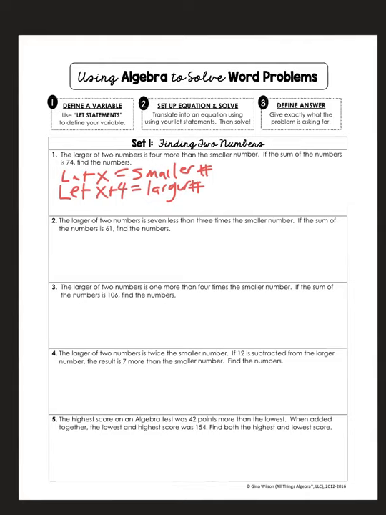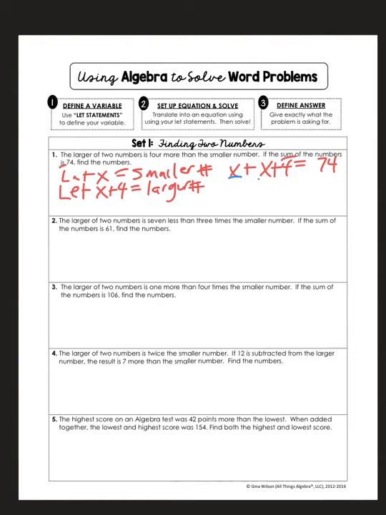Okay. It says if the sum of the numbers is 74, find the numbers. Well, sum, I know, is addition. And is, we have the word is, the word that means equals. So we can say x plus x plus 4 equals 74.